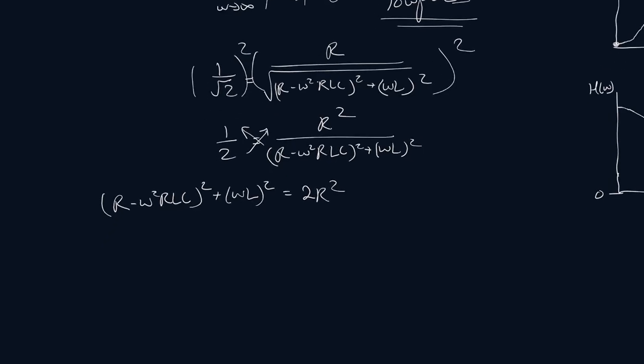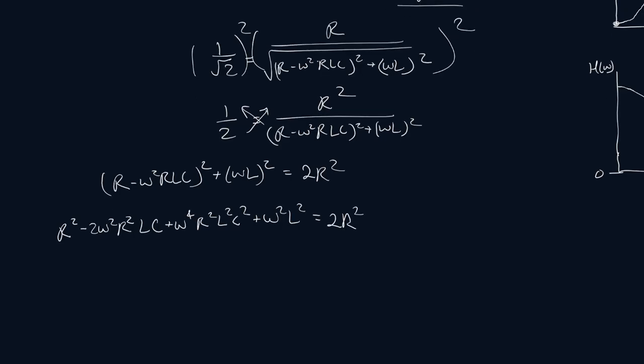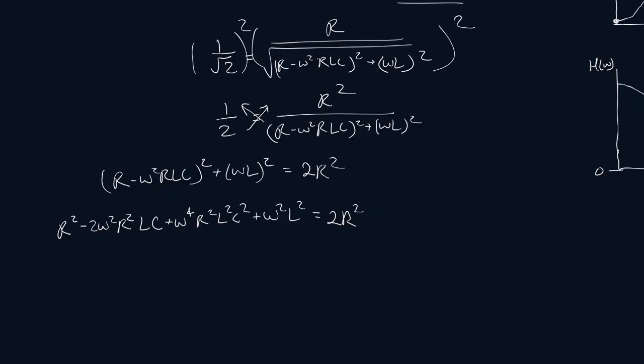Okay, so then we just FOIL all of this out, and we should get this very long thing. We should get R squared minus 2W squared R squared LC plus W to the 4 R squared L squared C squared plus W squared L squared equals 2R squared. Let me continue.